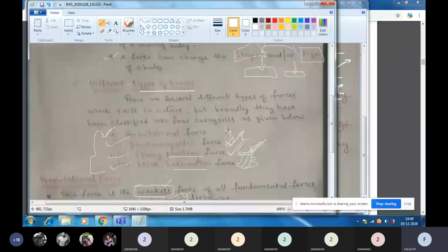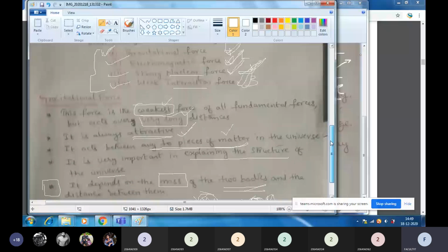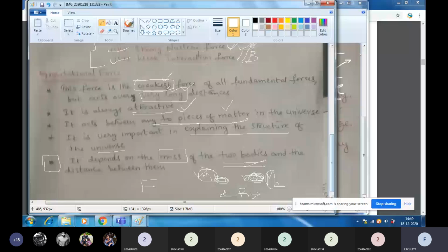Now next, what we had seen, few more points regarding gravitational force. So here we had written certain important points depending on the explanation. Now what are the important points? Gravitational force is the weakest force of all the forces, but it is going to act over very long distances.